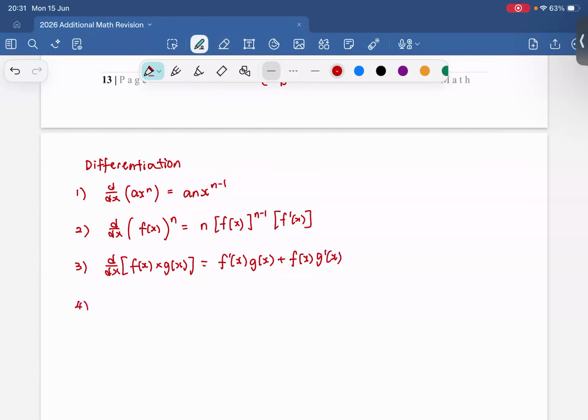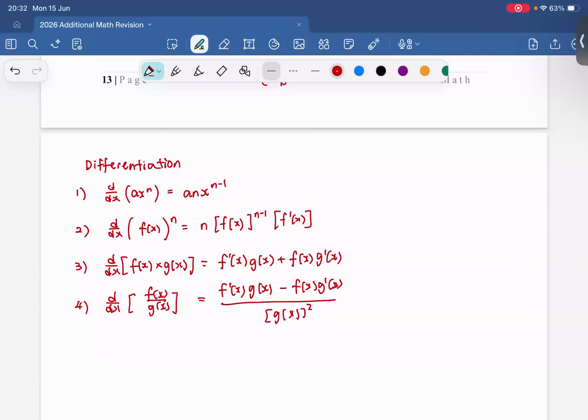And of course you have your quotient rule: copy, differentiate the top, copy down the bottom, minus copy down the top, differentiate the bottom, over the square. Priority will still be these three.